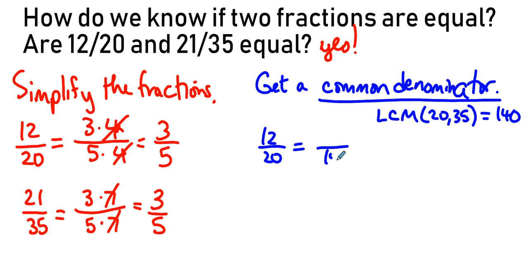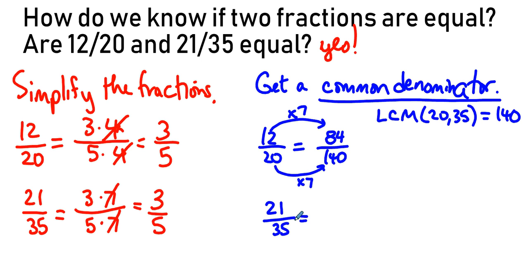12/20ths is how many 140ths? Well, if we took the pieces down here and broke them up into 7 little pieces each, then each of the 12 we chose also broke up into 7 little pieces each. There are 84 little pieces.